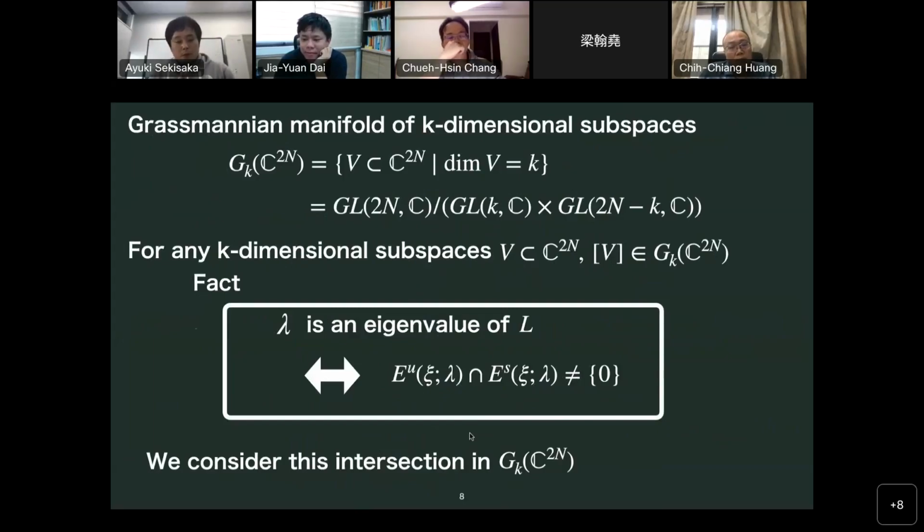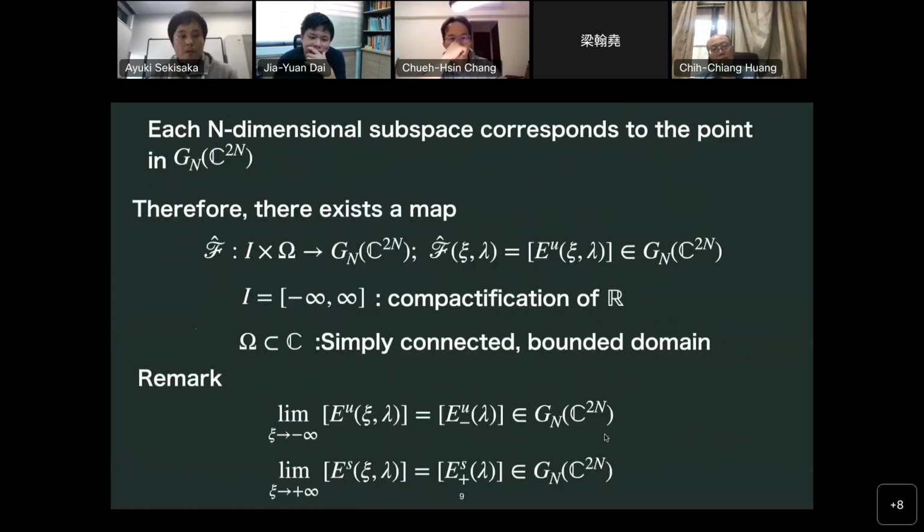So we consider this intersection problem in the Grassmannian manifold G_k(C^2n). Each n-dimensional subspace corresponds to a point in the Grassmannian, so there exists a map.